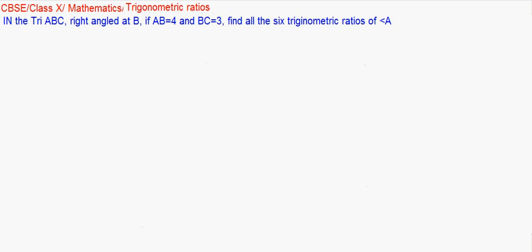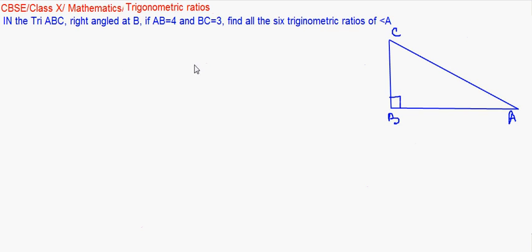We solve it. Let me just first draw a right triangle, right angled at B. So this is B. I can name either of them as A and C. AB is 4, so BC should have been here.